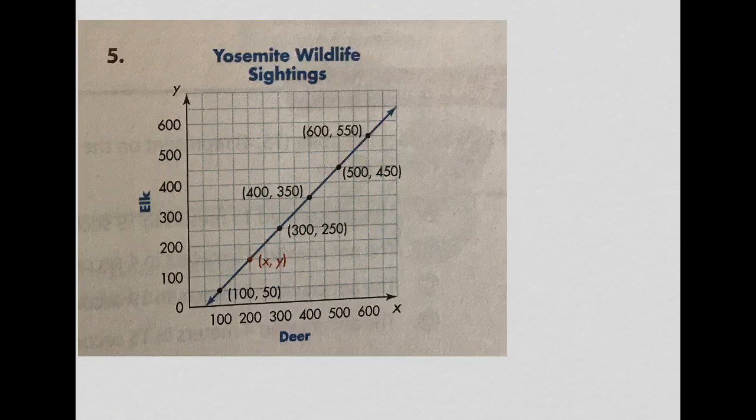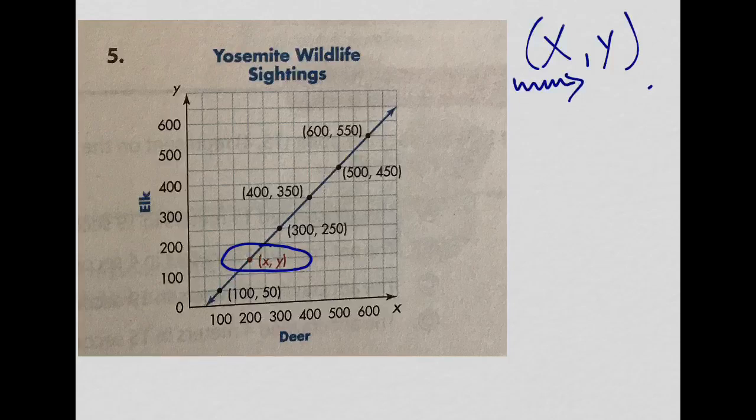This is number 5, so the directions are going to be the same. We're going to solve for this ordered pair, and then we're going to make a comparison. So remember, x first, then y, just like the ordered pair is written. X is horizontal across the bottom, and y is tall and vertical. So let's look at our scale. So 100 starting, let's see, right here.